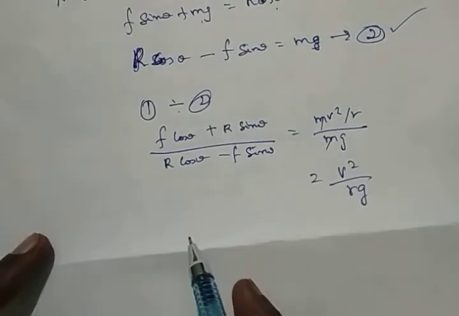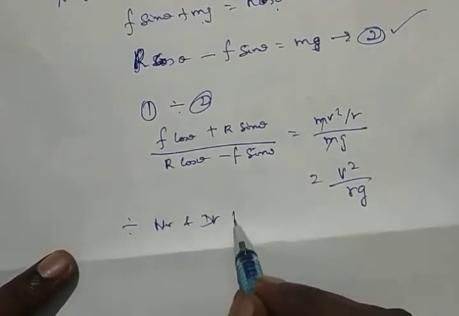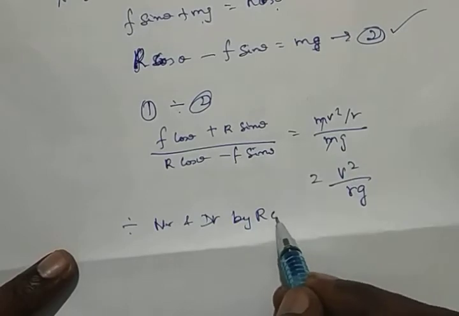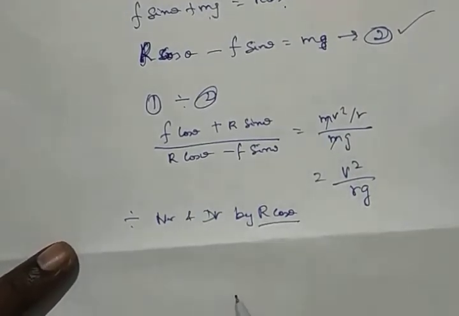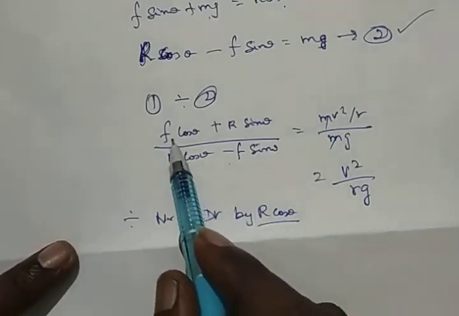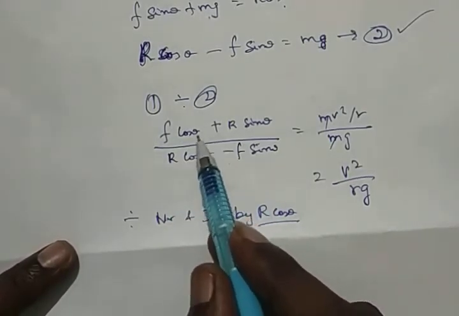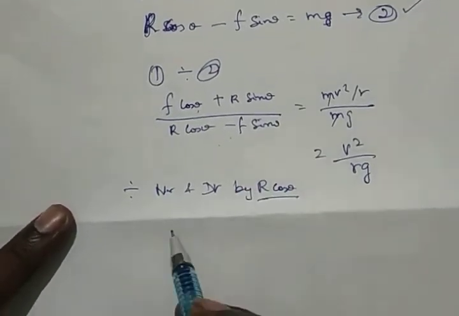So the next part is dividing numerator and denominator by R cos theta. Mostly you will forget what to do next. Till this one everybody will do. So we are going to divide the numerator as well as the denominator by R cos theta. See how it comes.